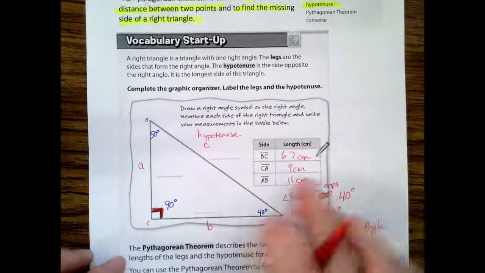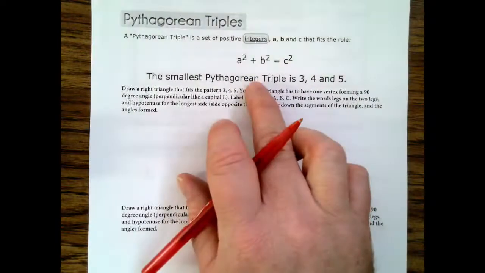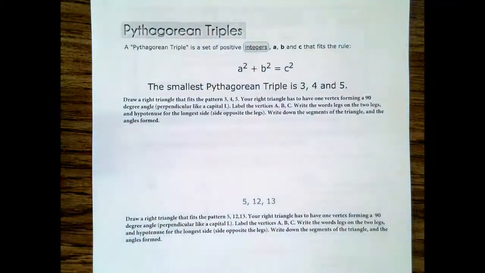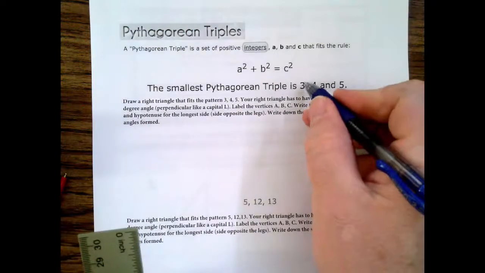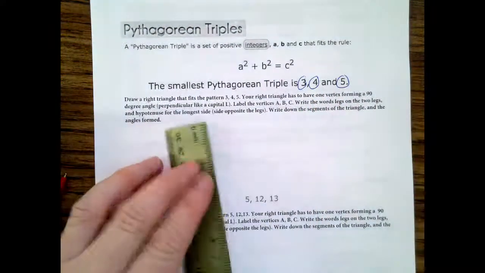Okay, so that's the Pythagorean theorem. There are special numbers that make up right triangles. We call those the Pythagorean triples. So if I was to draw a quick sketch of a triangle that had sides 3, 4, and 5, it would look something like this.